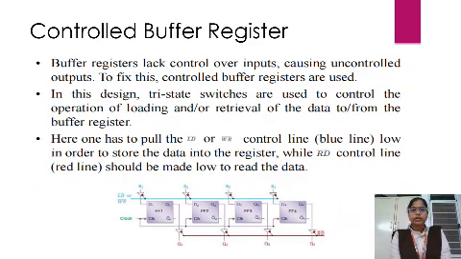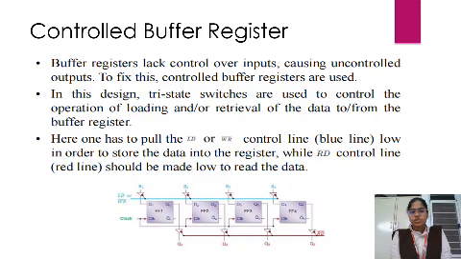Control buffer register. A buffer register lacks control over inputs, causing uncontrolled outputs. To fix this, control buffer registers are used. In this design, tri-state switches are used to control the operation of loading and retrieval of the data to and from the buffer register.